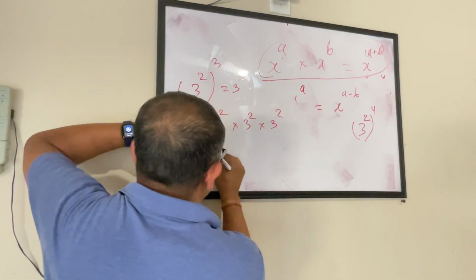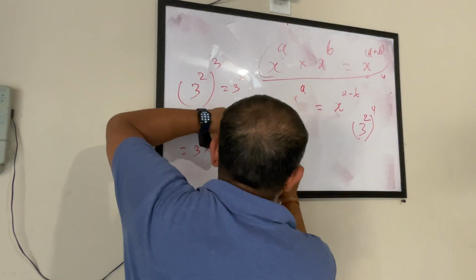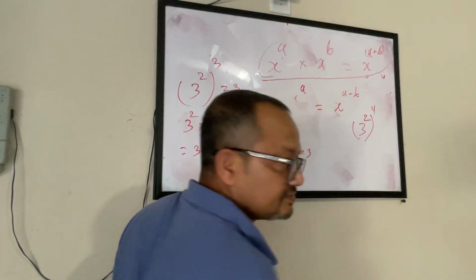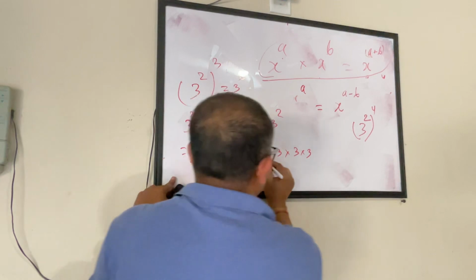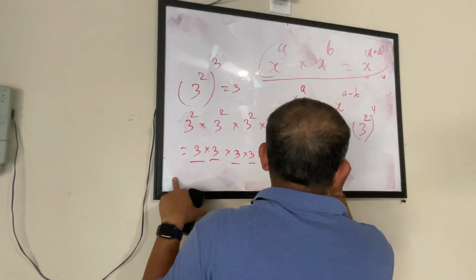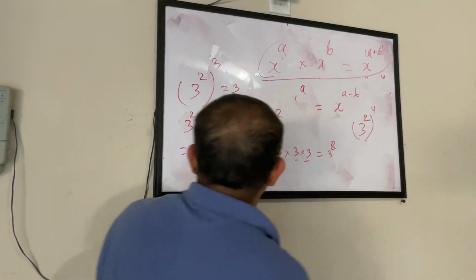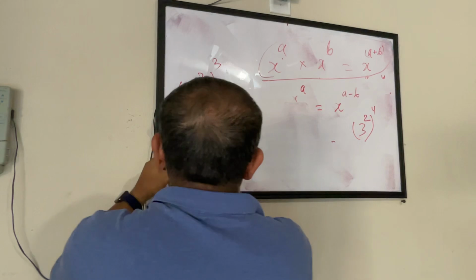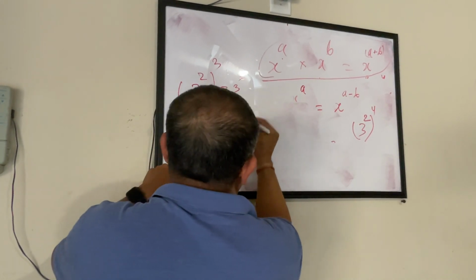This becomes 3 into 3, 3 into 3, 3 into 3, 3 into 3. Now you count 1, 2, 3, 4, 5, 6, 7, 8. This became 3 to the power 8.